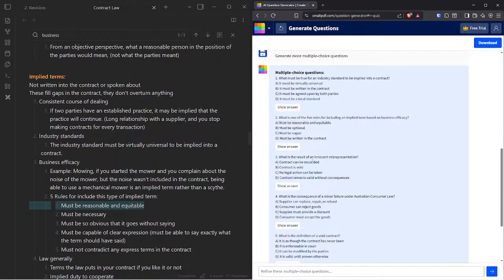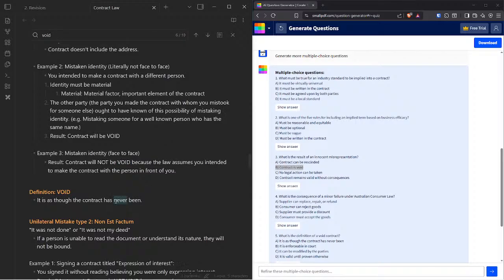What is the result of innocent misrepresentation? It's either one of these. I don't know. Rescinded is restoring the parties to their original condition. Contract is void. What is void again?